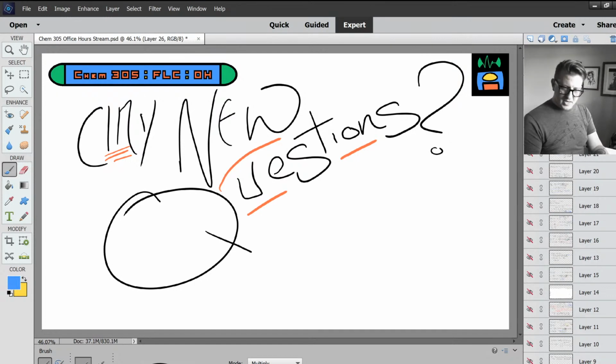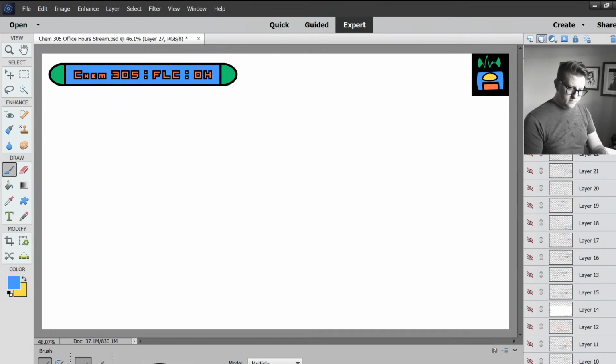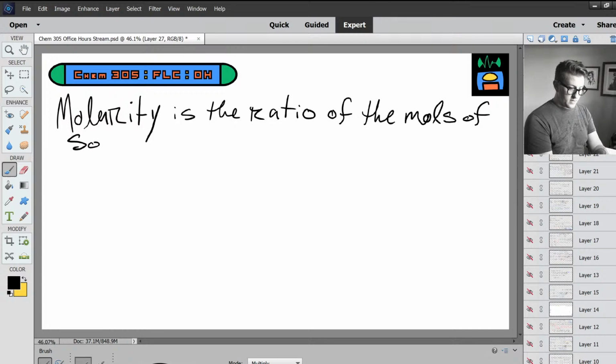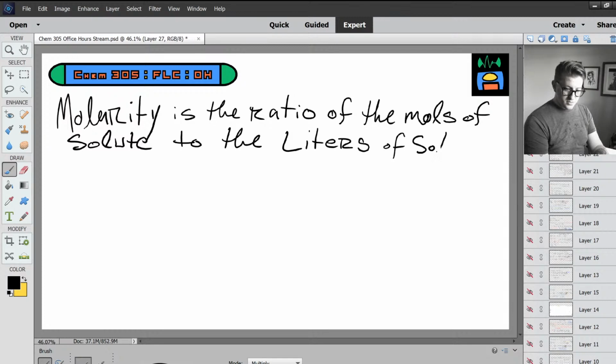Yes, totally we can go over molarity. So, molarity is the ratio of the moles of solute to the liters of solution.